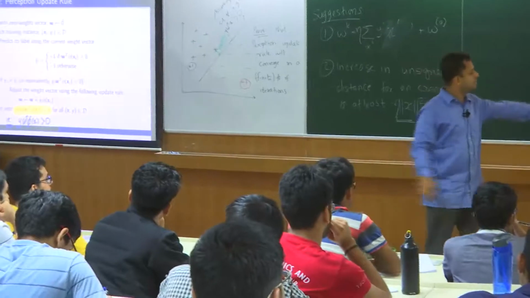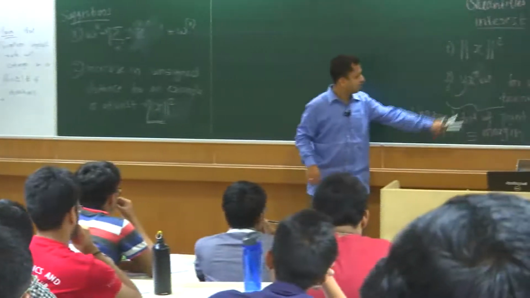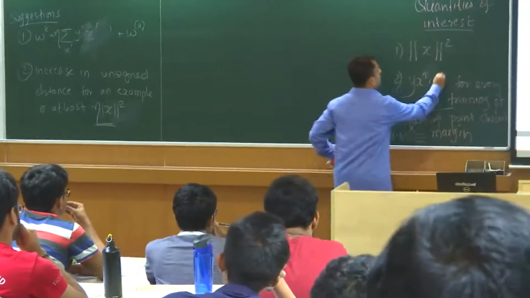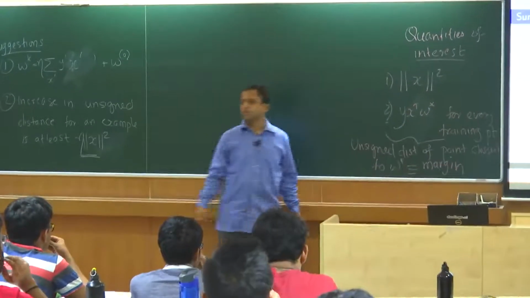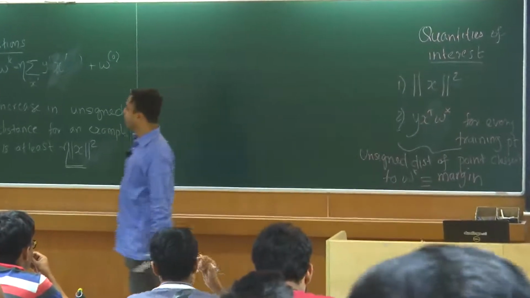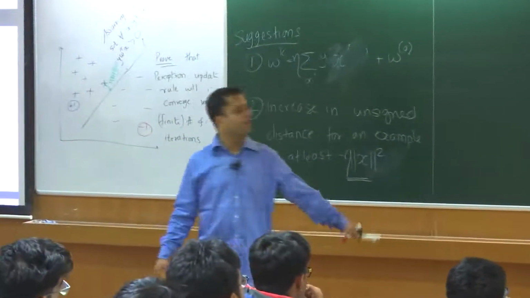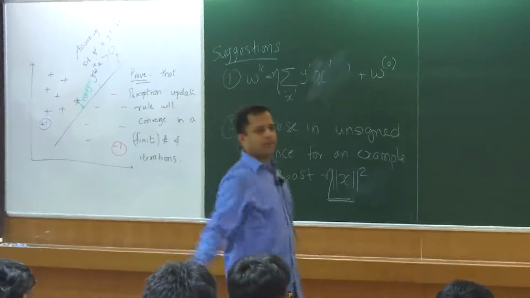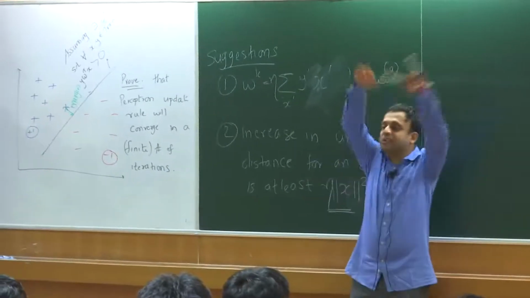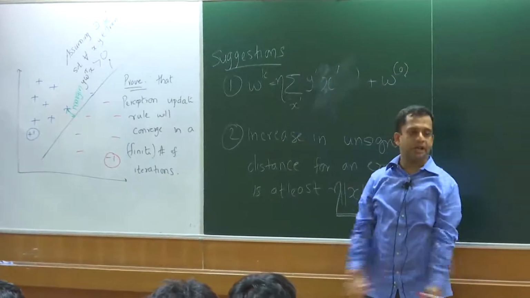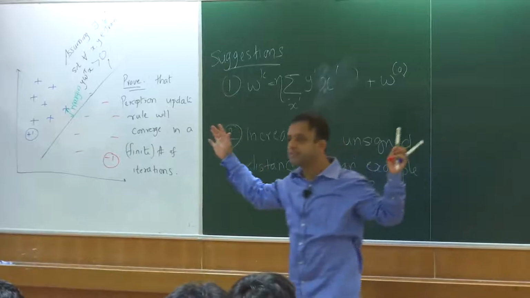No, unsigned distance is with respect to W star. Let me put W star. Is that clear? So these are things. Now, what about norm x square? Can I assume that there is one big ball that encompasses all the points?